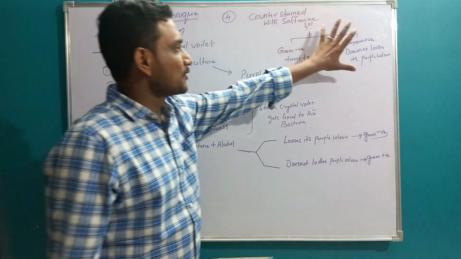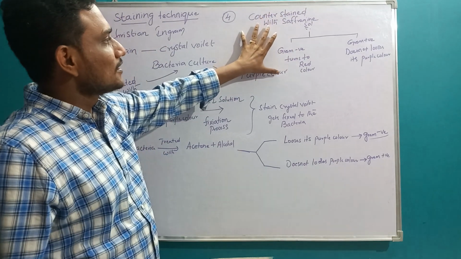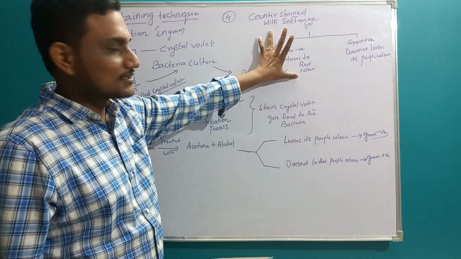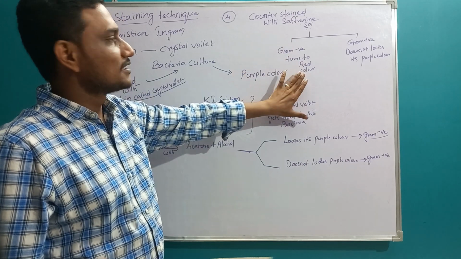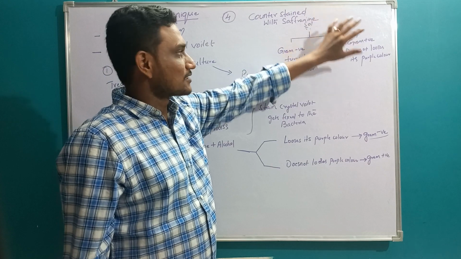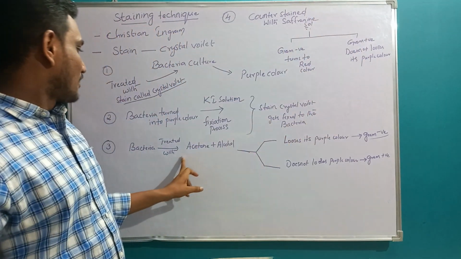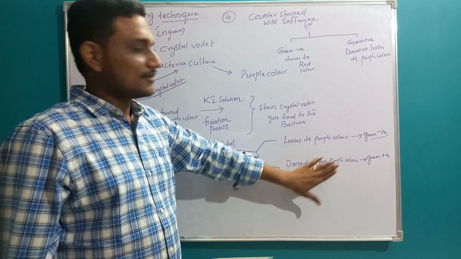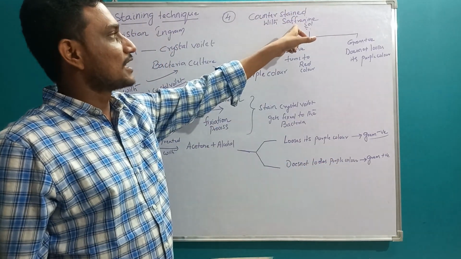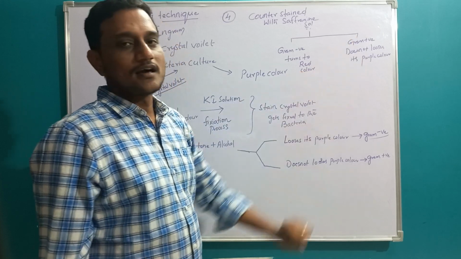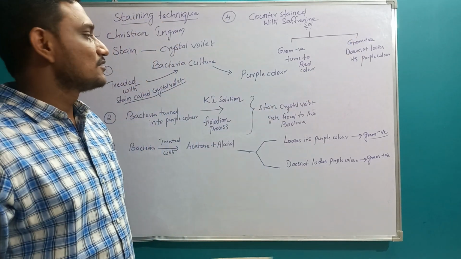The purple color remains, whereas the gram negative bacteria, which lost their purple color, now turn red. Even after acetone and alcohol treatment and counter staining with safranin, gram positive bacteria won't lose the purple color.